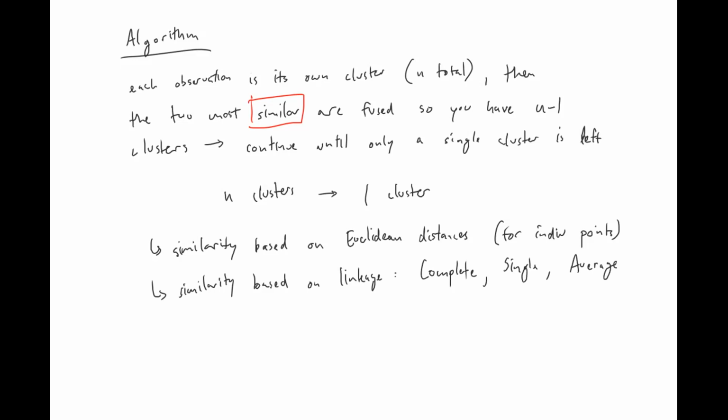So this is the largest dissimilarity. This is the smallest dissimilarity. And this is average dissimilarity.